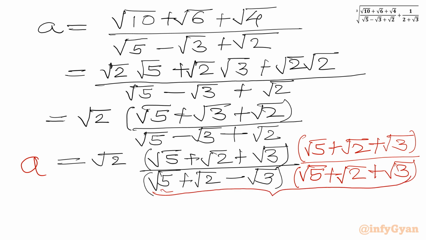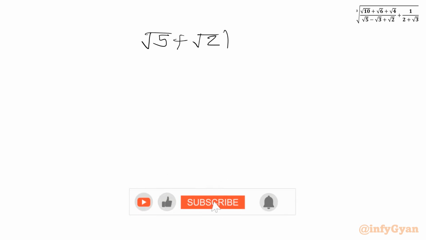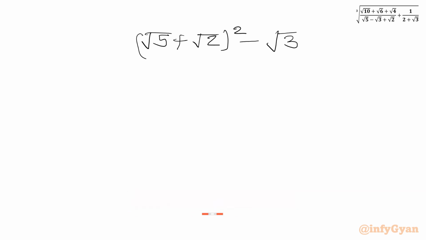Here we can consider root 5 plus root 2 as a and root 3 as b. So (a minus b) times (a plus b) will be a square minus b square. Let's write here. So the denominator will become (root 5 plus root 2) whole square minus (root 3) whole square.